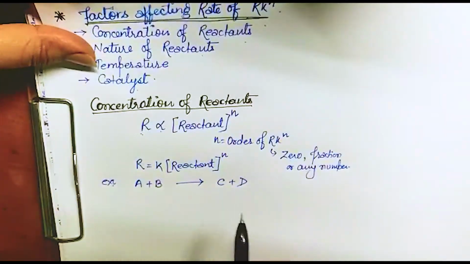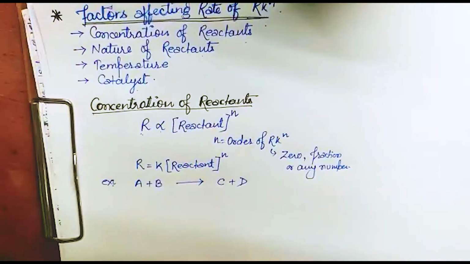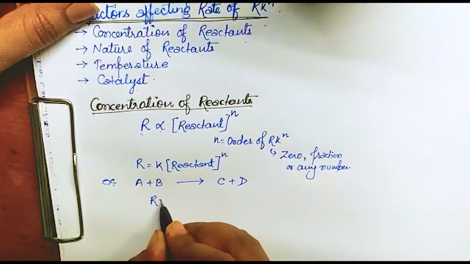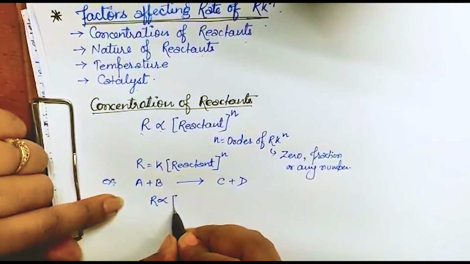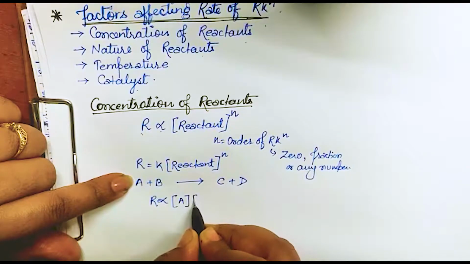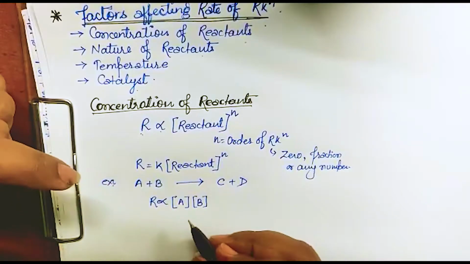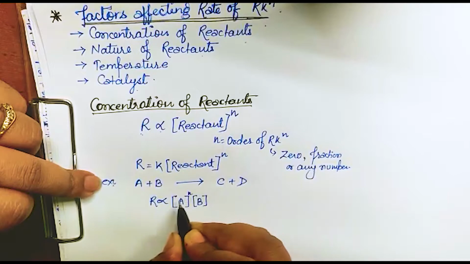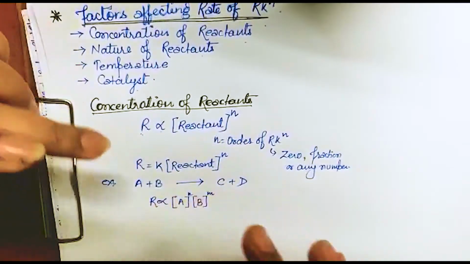Suppose this is the reaction: A plus B changes into C plus D. We don't have to consider the product, it has no role in this. So we can write that the rate of reaction is directly proportional to the concentration of A into the concentration of B, with the powers n and m.